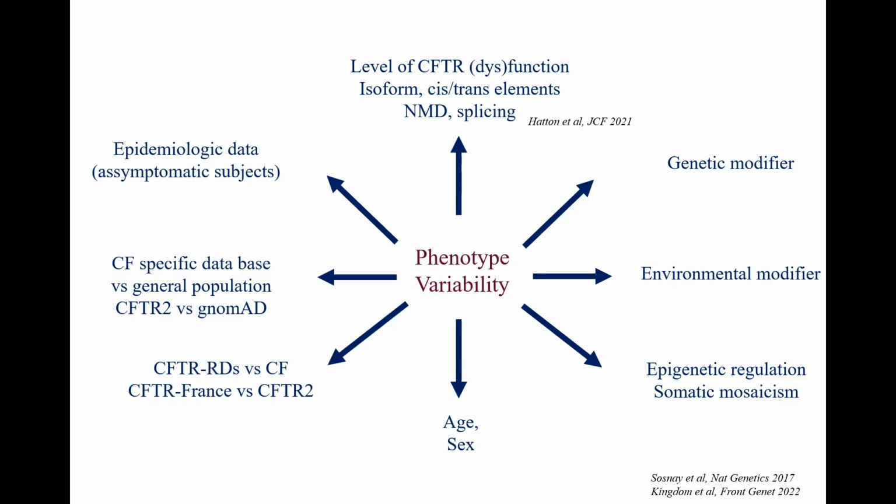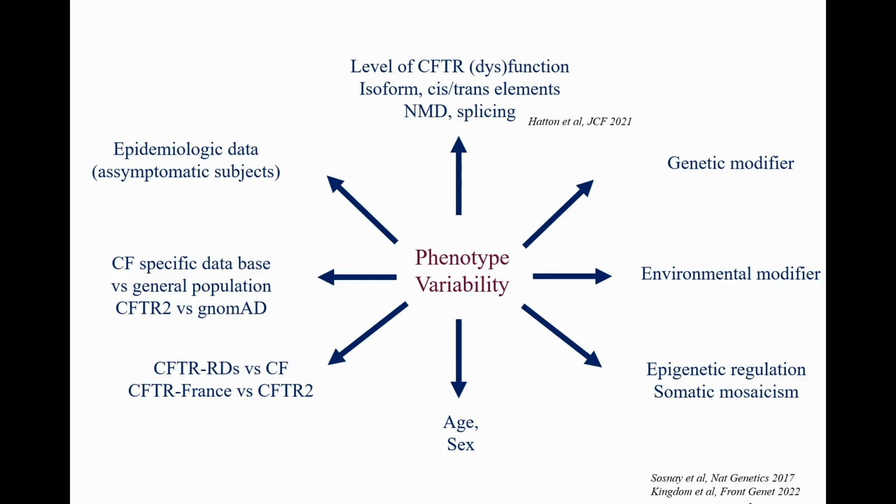At the individual level, it also depends on various yet unclear factors influencing the expressivity of the genotype, such as genetic modifiers, environmental modifiers, epigenetic regulation, as well as the genotypes. All these factors are very, very underestimated and not reported.